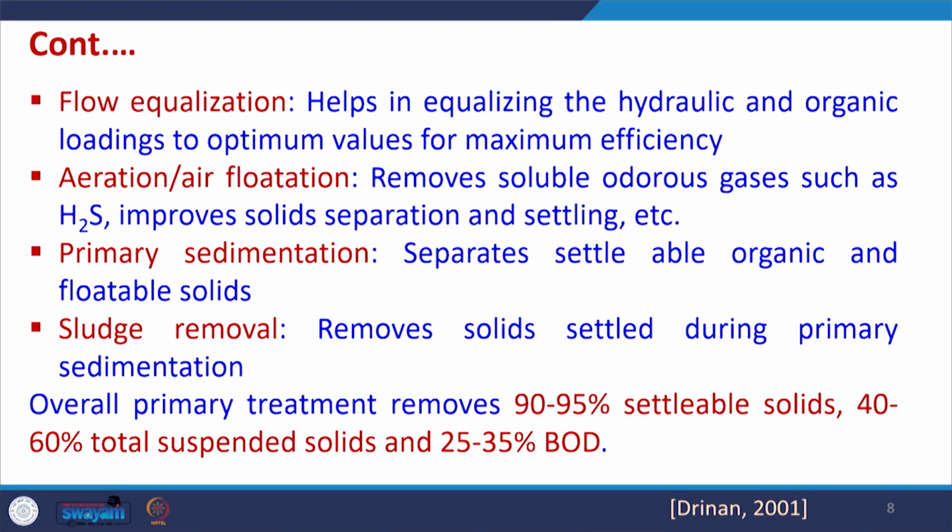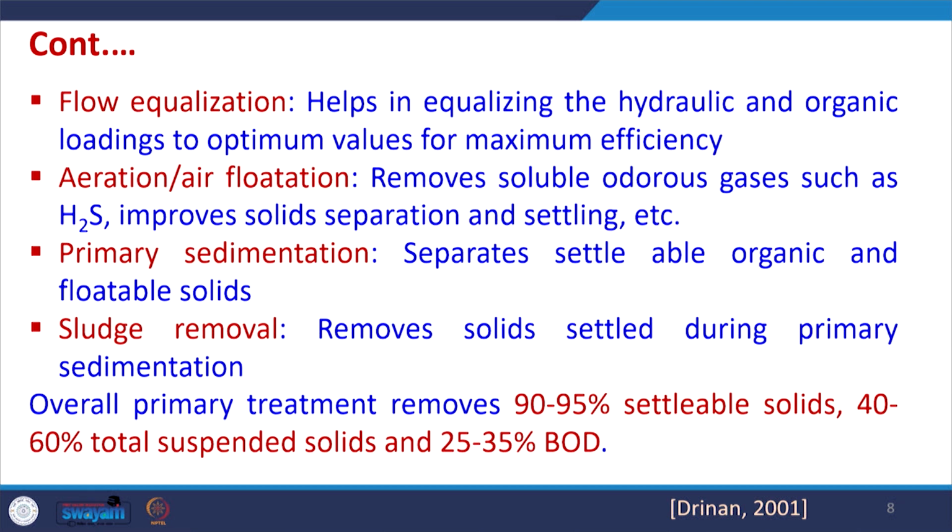Similarly, there may be other types of industries where the wastewater generated may vary with respect to flow rate and with respect to composition of the pollutants in the water. So, flow equalization helps in equalizing the overall volume of water that has to be treated in further treatment units.